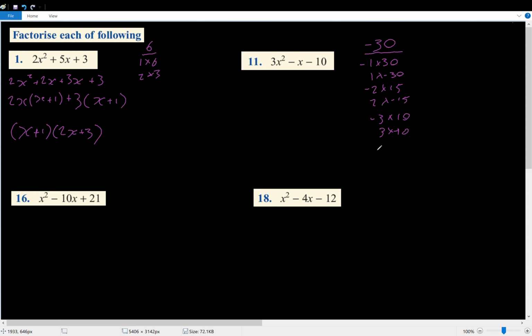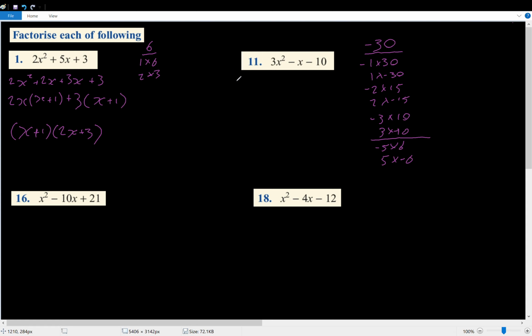Or minus 5 times 6, or 5 times minus 6. Now, the 1 and 30 pairings won't work, the 2 and 15 pairings won't work, and the 3 and 10 pairings won't work. There's too big a difference between them. But our 5 and 6 pairings will work. But we need to get to minus 1, so we're going to use minus 6 and plus 5, because minus 6 plus 5 gives us minus 1.